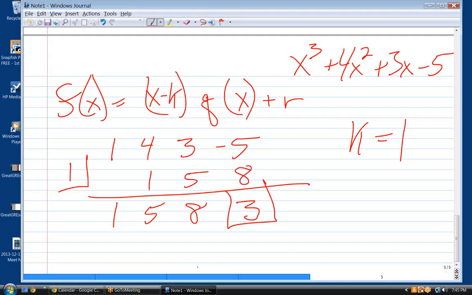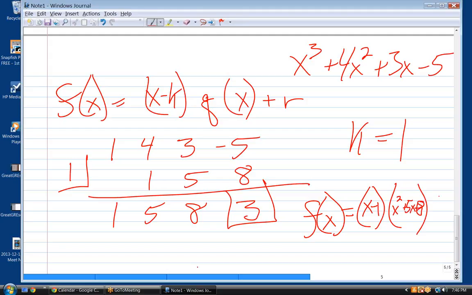So, what is q of x? So in other words, my final answer is f of x equals x minus 1 times, what's q of x? x squared plus 5x plus 8.